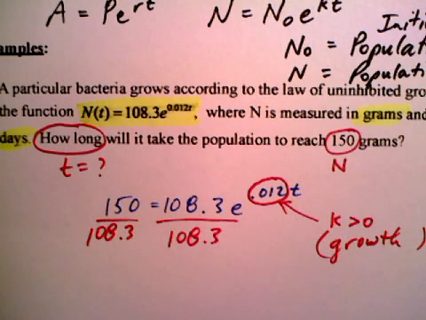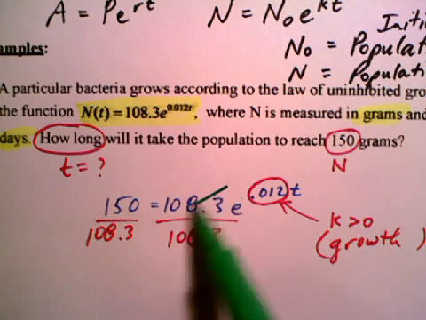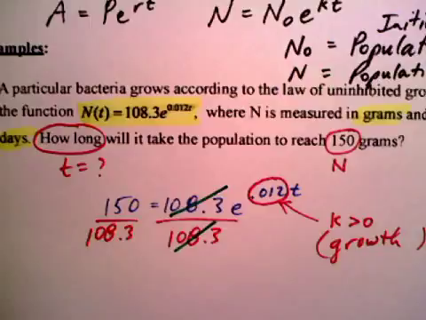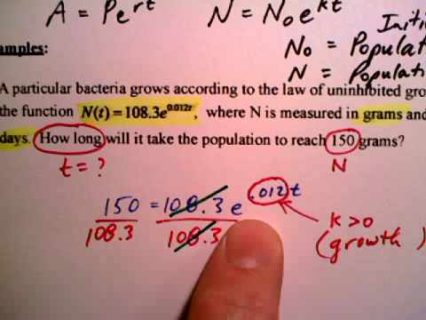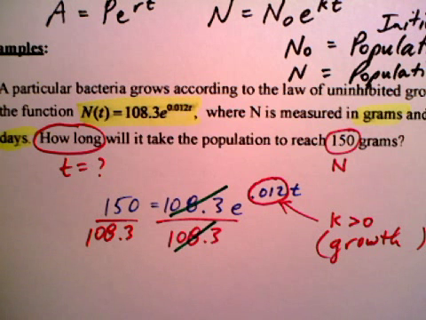Alright, so just like we did last section and a couple sections before that, we're going to divide by 108.3, because if we try to take the log of both sides at this point, then we run into some difficulty. So always, before you take the log, before you change this to log form, just get the e by itself, or e to whatever by itself. Okay, so you'll need a calculator here.